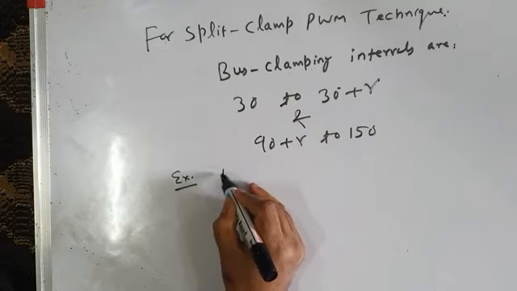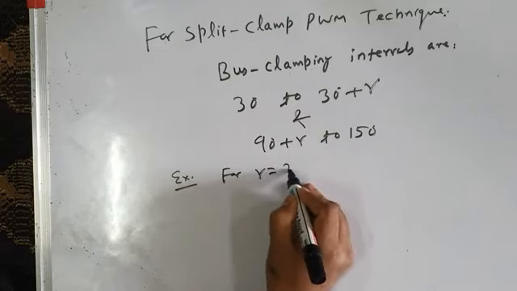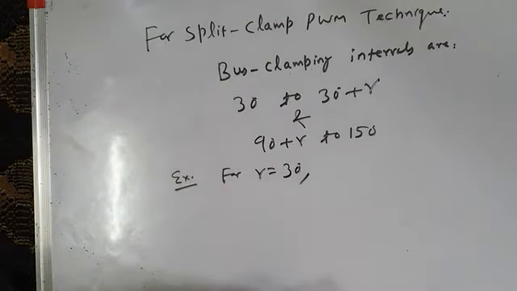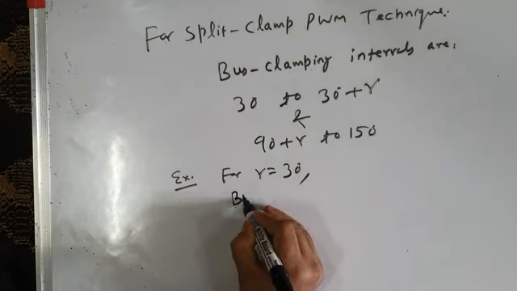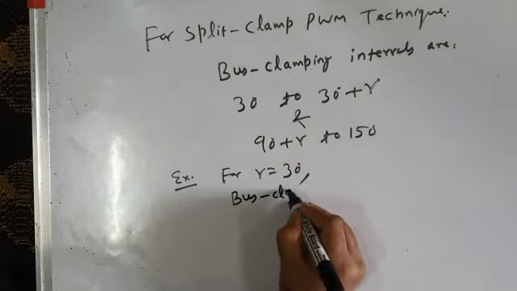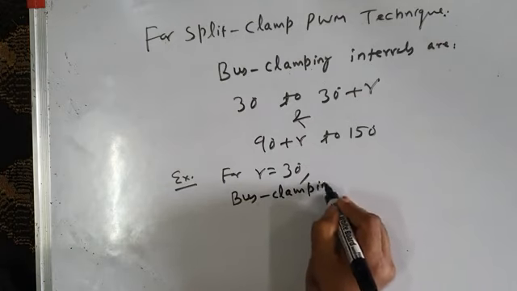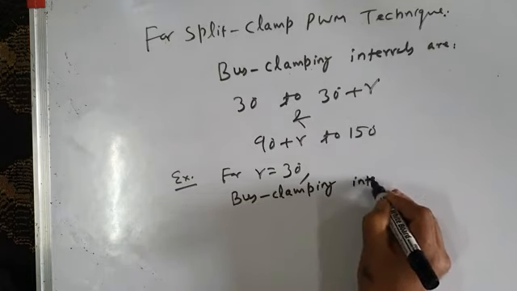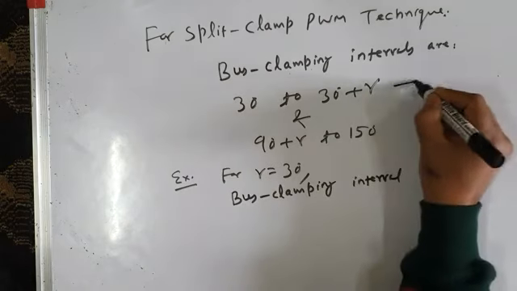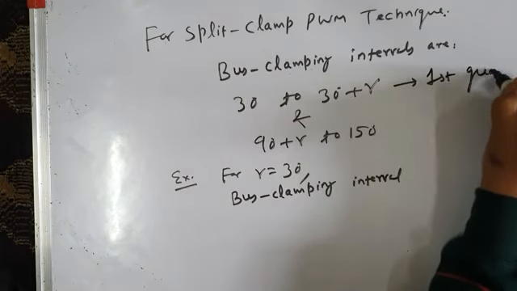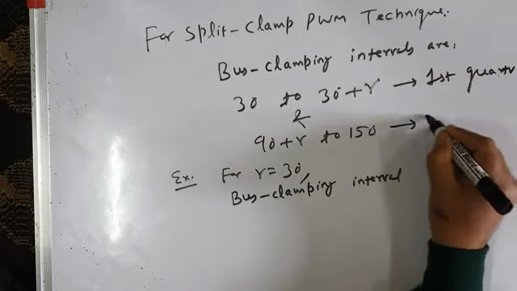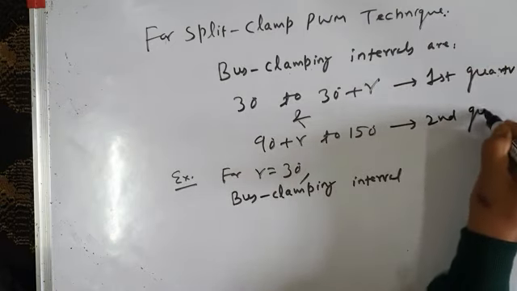Let us take gamma equal to 30 degrees. What will be the bus clamping interval? This is the first quarter of the half wave cycle, and this is the second quarter of the half wave cycle.